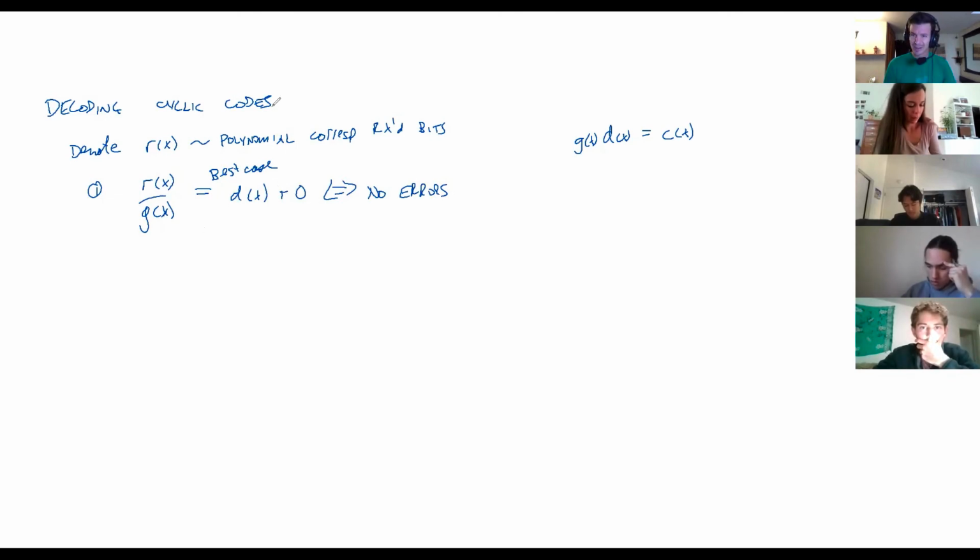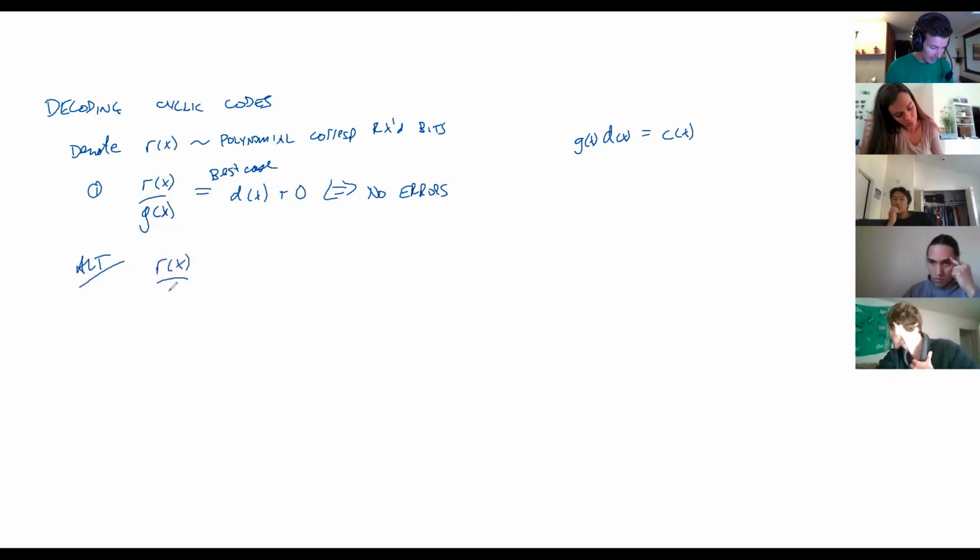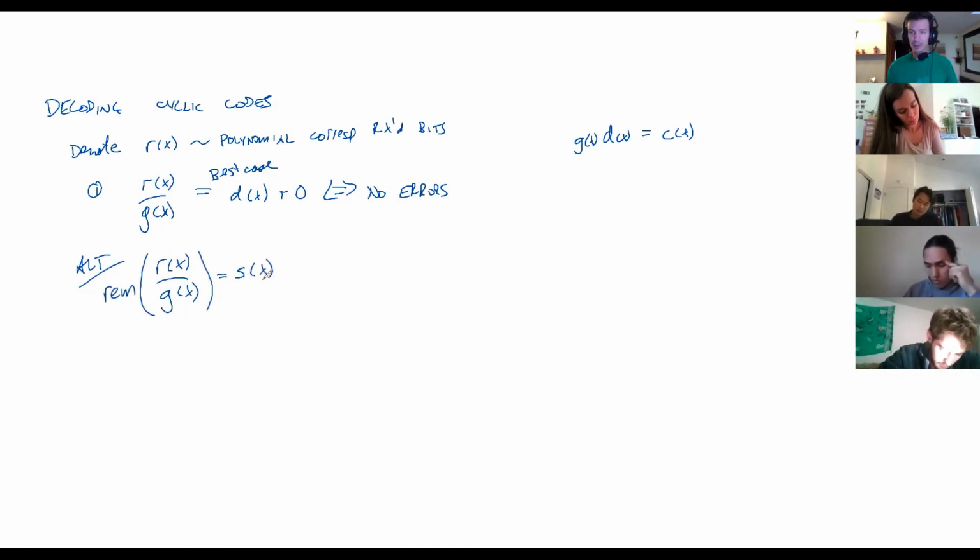Okay, so let's talk about not best case. In the not best case, we're going to get a remainder when we try to divide this by g of x. So alternatively, r of x divided by g of x, the remainder is going to be some non-zero polynomial, which I'm going to call s of x. S of x because it's the syndrome in this case.